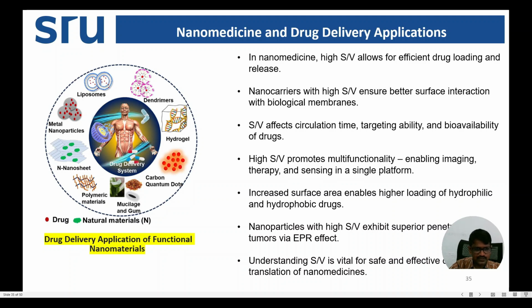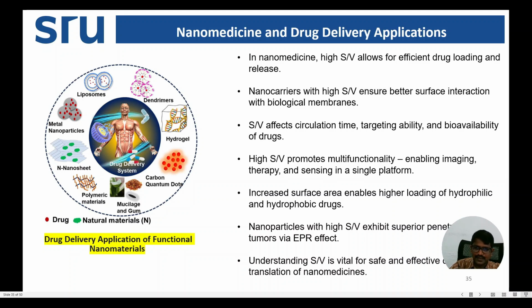Drug delivery application of functional nanomaterials: you can see different carbon quantum dots, some polymeric materials, nanosheets, metal nanoparticles. These are all useful for targeted drug delivery in the medical field.